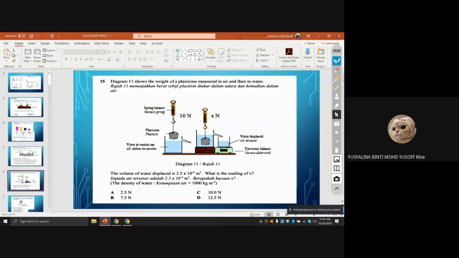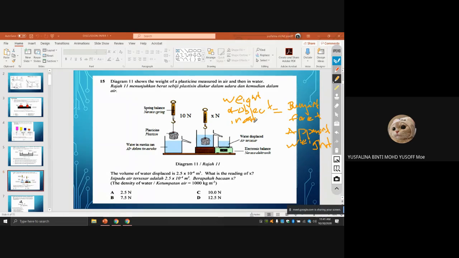The equation will be: weight of object in air is equal to buoyant force plus the apparent weight. So this is the equation.